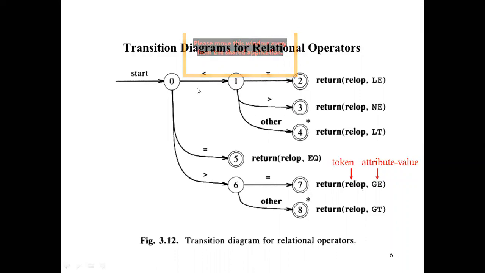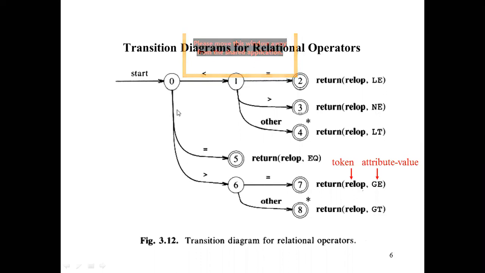Okay, so this is less and this is greater sign, and sometimes less and greater sign means not equal. So this is the final state or accepting state for relational operator not equal. Okay, so we can draw the transition diagram for not equal relational operator. Then we will draw this start 0 state.